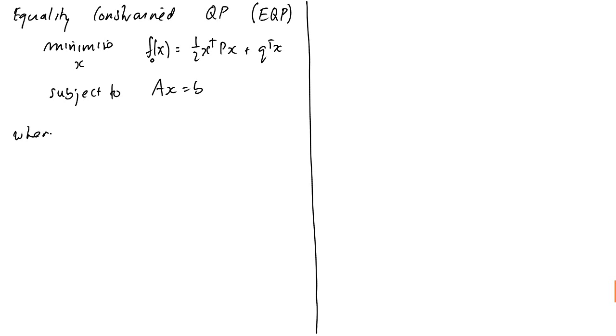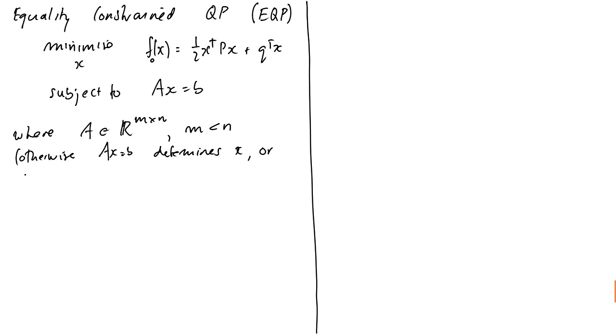Okay, so let's just specify a few conditions here. Just like in linear programming, we're going to look at m by n matrices A with m less than n. Otherwise, if m equals n, then Ax equals b is solvable, determines x, or no feasible point exists.